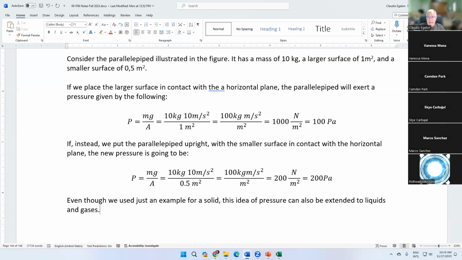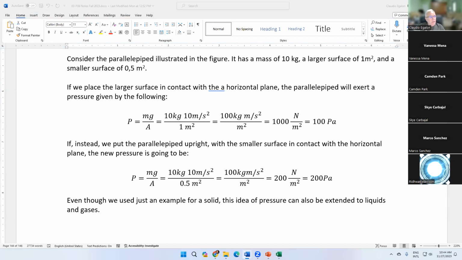And that's what they call static pressure. Nothing is moving. If that parallelepiped were moving, suppose you could make it try to move, then that wouldn't be static pressure, it would be dynamic pressure. So that can be extended to liquids and gases.